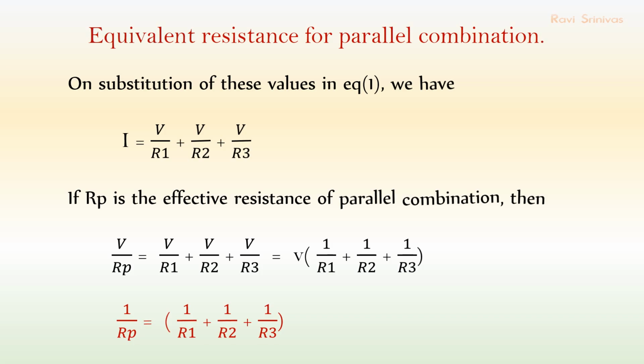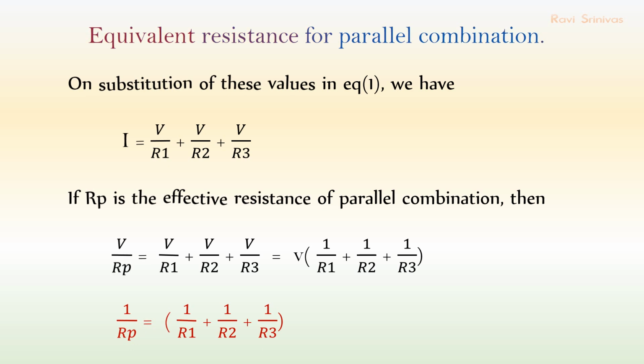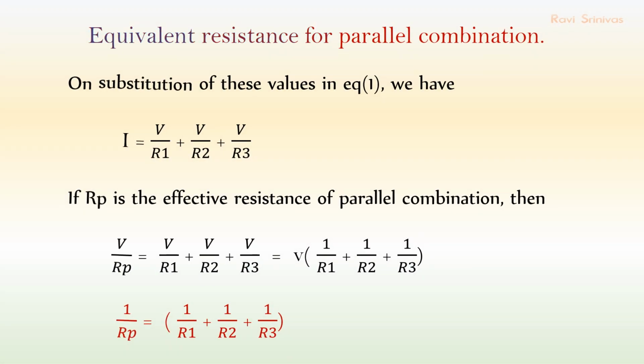We then can cancel V on both sides to get the equation for effective resistance, that is 1 by Rp equal to 1 by R1 plus 1 by R2 plus 1 by R3. The reciprocal of effective resistance in parallel combination is equal to the sum of reciprocals of individual resistances.